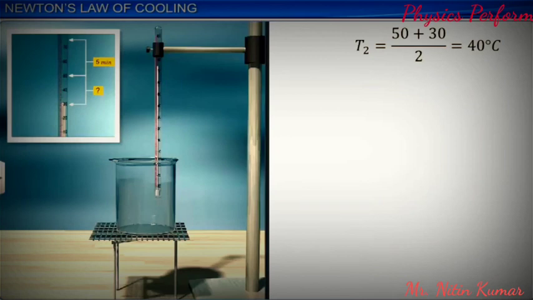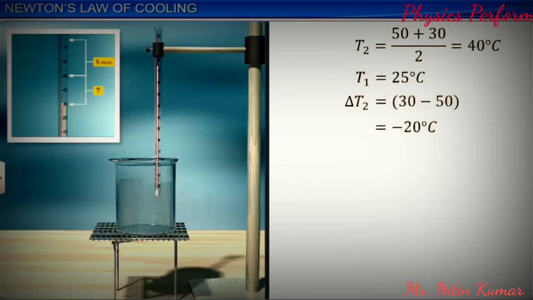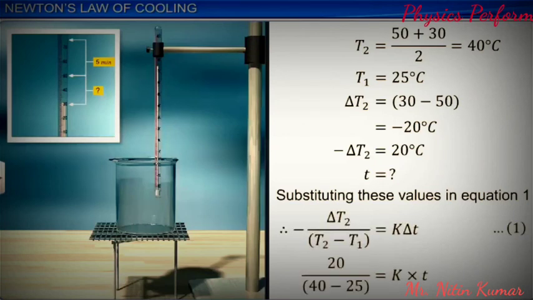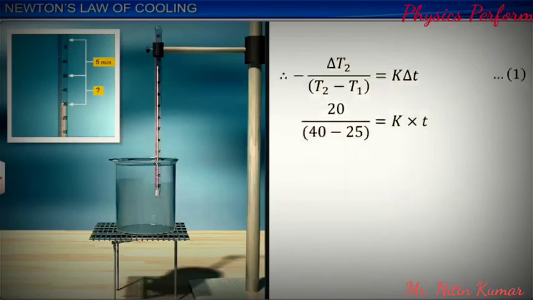Delta T2 is equal to minus 20 degrees Celsius. Minus delta T2 is equal to 20 degrees Celsius. We need to find the value of T. 20 by (40 minus 25) is equal to K into T. On further simplifying, we get T is equal to 4 by 3K.